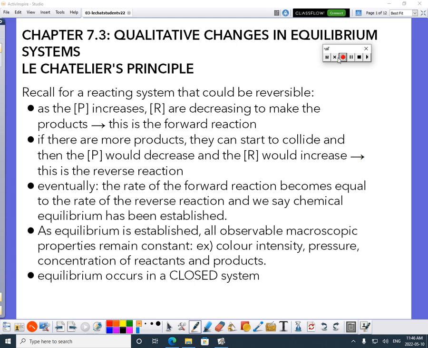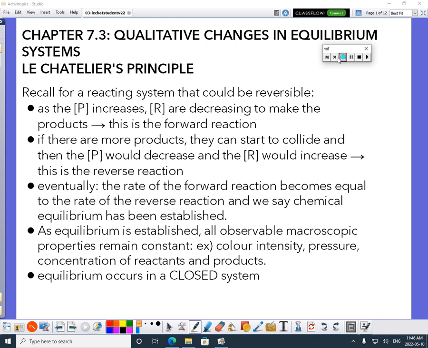We call this the reverse reaction. So today we're going to look at what happens when one of those directions is not equal anymore. Usually this occurs because we want the change to happen. We are stressing the system, and the system is going to have to reestablish its equilibrium state.